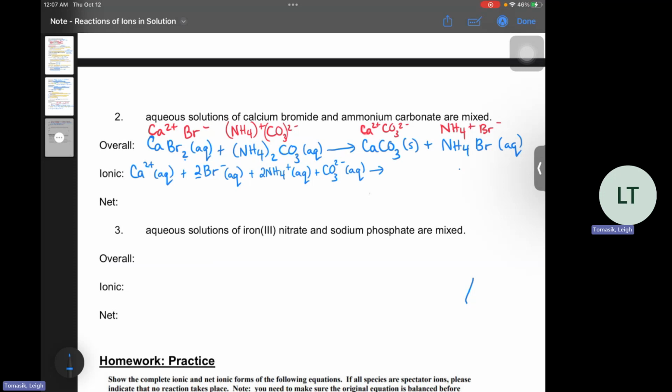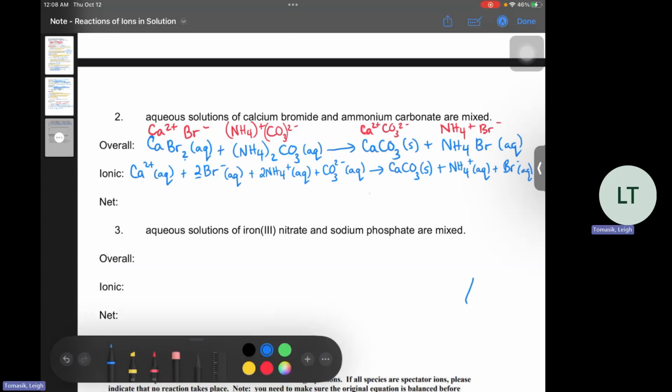Don't need to touch calcium carbonate, it's the precipitate. But we do need to break up NH4Br: NH4 plus aqueous plus Br minus aqueous. Woo! My arm is sore. Okay, next identify the spectator ions, the ones that are ions on both sides.